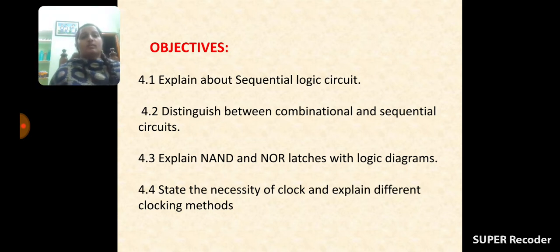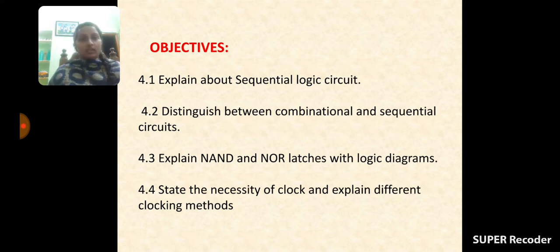Combinational means, as I already told you, the present output depends only on the present input. It does not depend on the history of previous inputs or outputs.